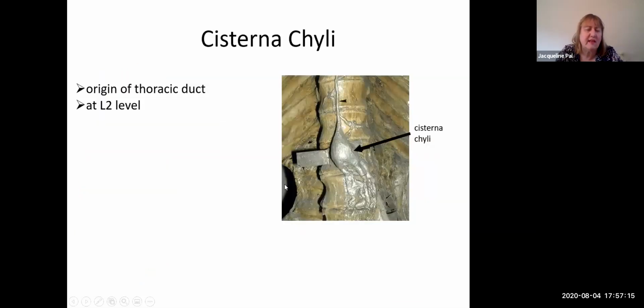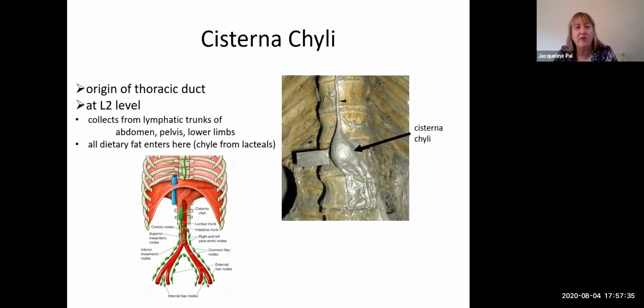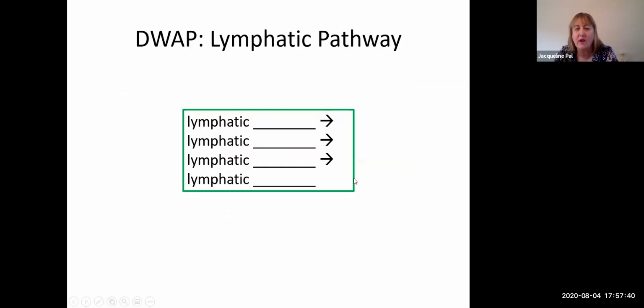So let me just point out that Cisterna Chyli one more time and get you comfortable with that term. It sits right at the level of L2. So you can see your lowest ribs going up here to about T12, and this is L1, and this is L2. And so what dumps into the Cisterna Chyli are the lymphatic trunks from the abdomen, the pelvis, and the lower limb.